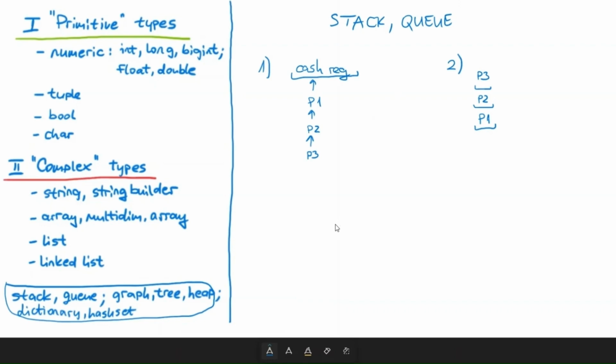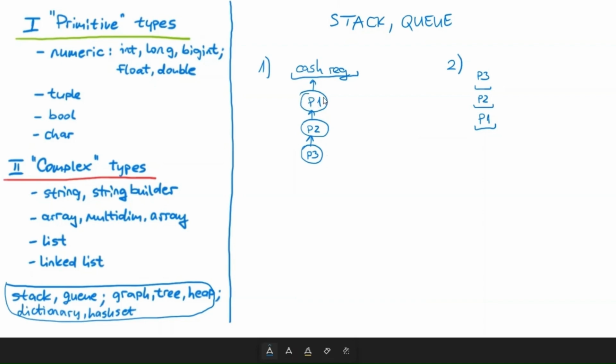To explain stacks and queues, let's take a look at these two examples. First, imagine we are waiting in a queue in a shop with a cash register and a few people waiting. Person P1 has arrived first, then person P2, and person P3 joined the queue last.